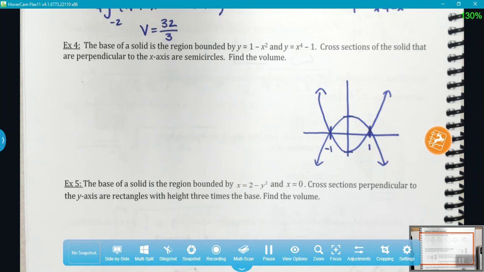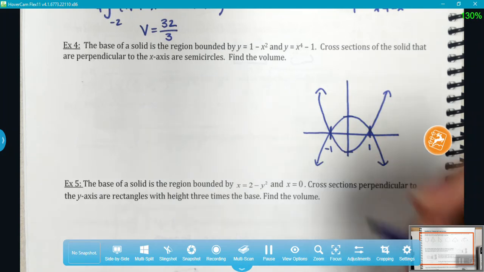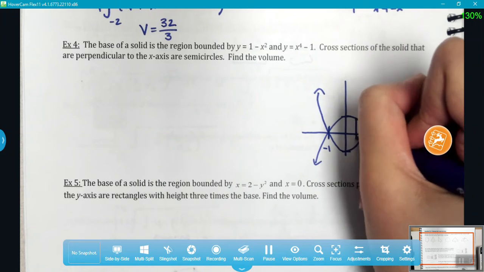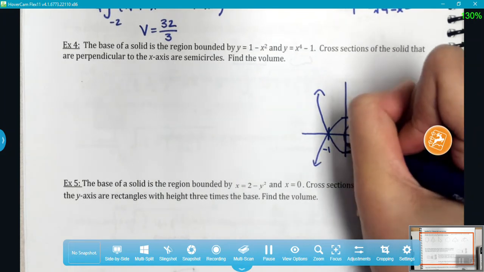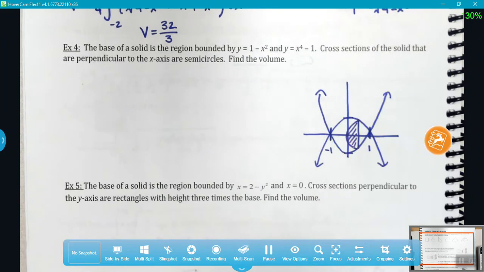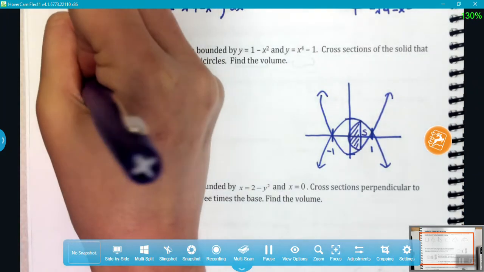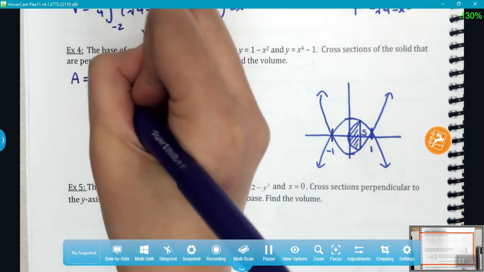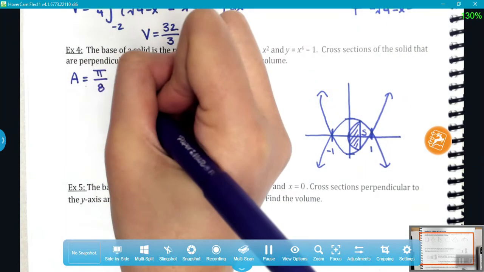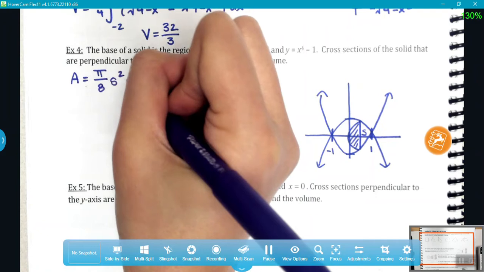Cross sections of that solid perpendicular to the x-axis are semicircles. Okay, perpendicular to the x-axis would be that way, and then we're doing a semicircle on top. Okay, so area of a semicircle is pi over 8 s squared.